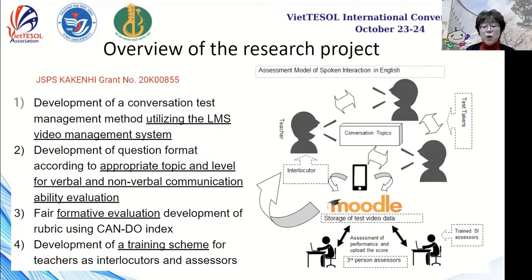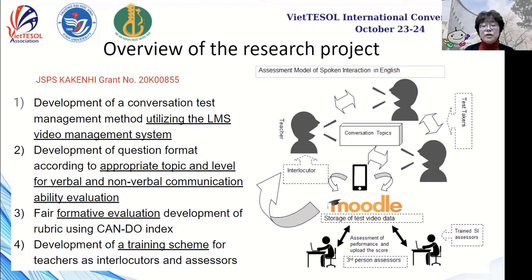And this recording will be assessed by third-person assessors. These people are trained assessors, and their evaluation will be stored, and this will be sent to the teacher who will give the final grade to the students.